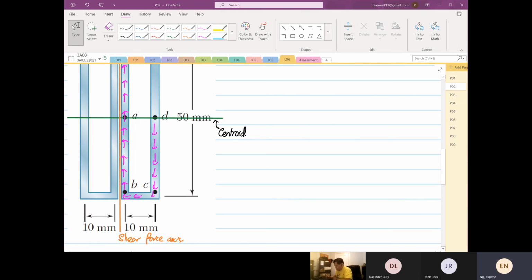So what is the area to consider? This one is pretty obvious. The area to consider is this area over here, right?